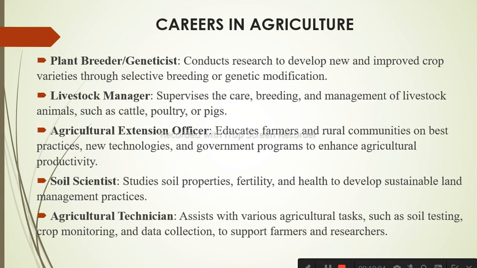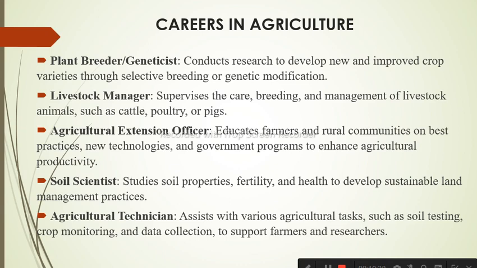An agricultural extension officer educates farmers and rural communities on best practices, new technologies, and government programs to enhance agricultural productivity. A soil scientist studies soil properties, fertility, and health to develop sustainable land management practices.